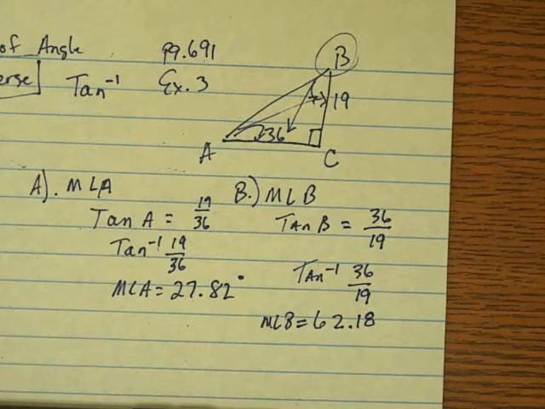William, did you get it? No. Nicholas? Kayla? 62.18. I got 62.2. Would you still count that? Yeah, unless they're saying round to the nearest hundredth, then you're going to have to adjust the number that it rounds to on your calculator.